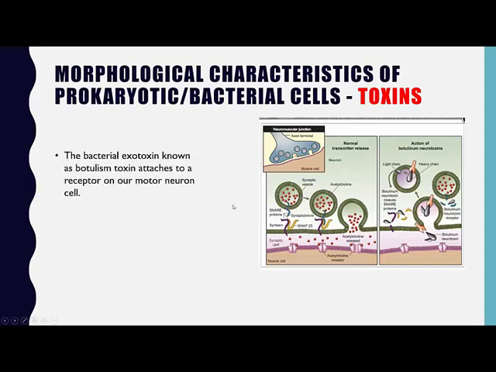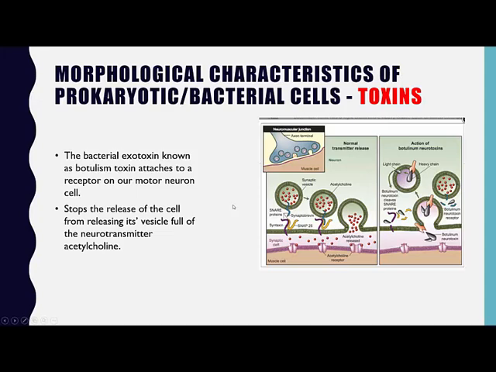The bacterial exotoxin, known as the botulism toxin, is released from the bacterial cell. And what is it attached to? It attaches to a neuron, one of the motor neurons that's supposed to tell your muscle cells, specifically those peripheral muscle cells, to contract.